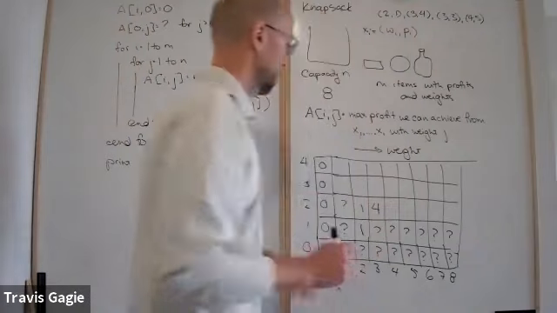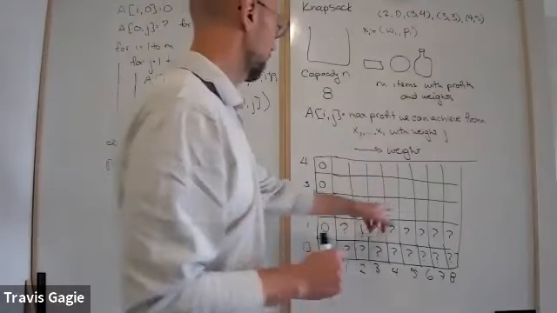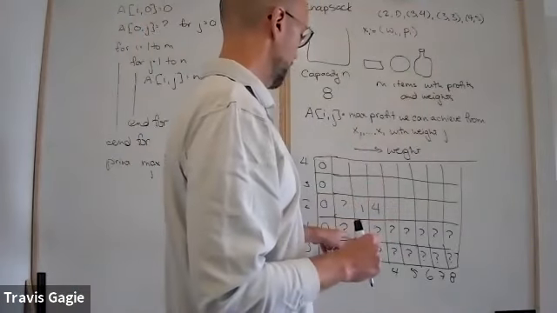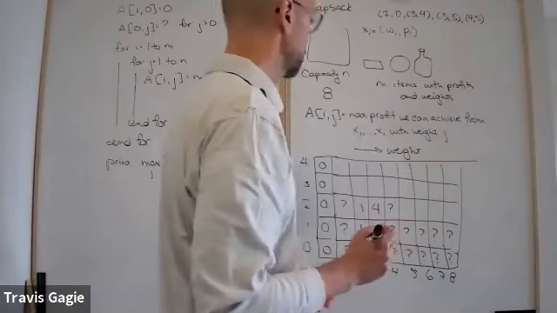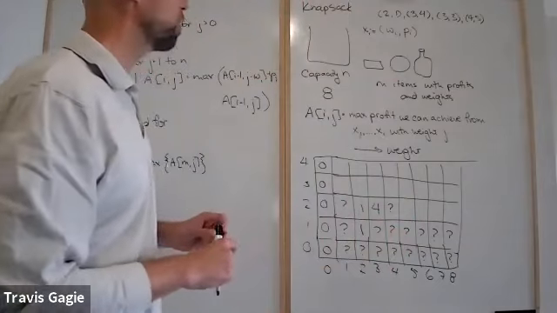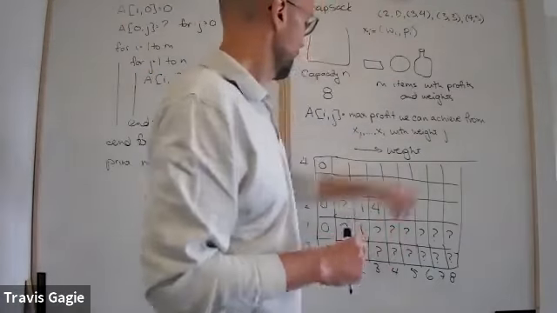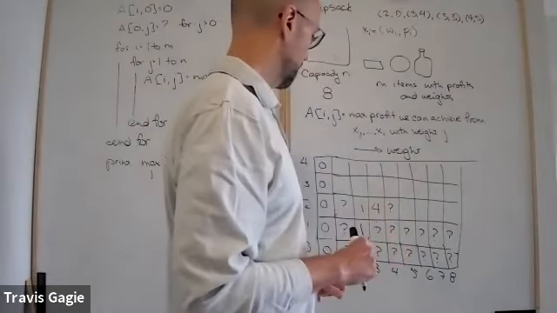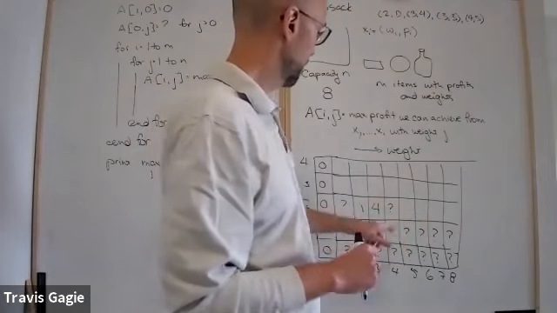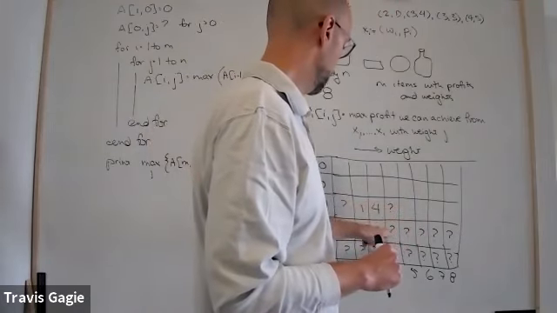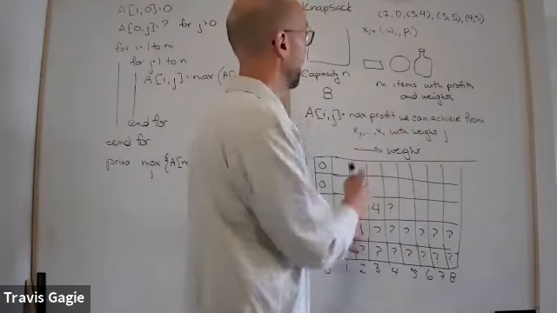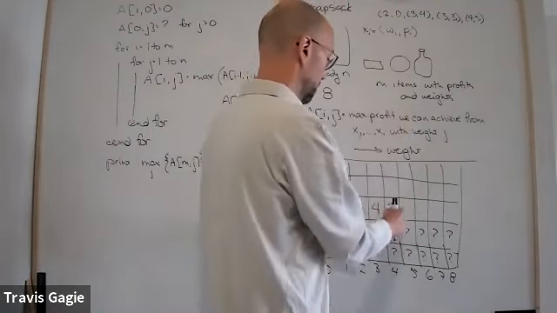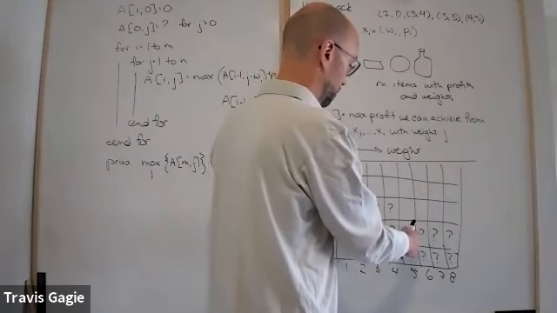Here we can drop down and go over and it's undefined, or we can just drop down, it's undefined. There's no way to get a subset of weight exactly 4 from these two. Then here, we can drop down and go over 3, so this is a 1, then we add the profit 4. So we could get 5, or we can just drop down and we get undefined.